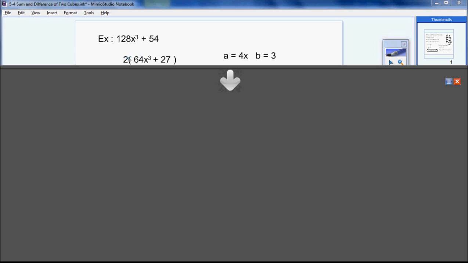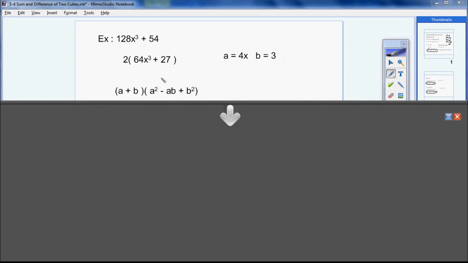Once you bring out your common factor, then you begin to factor this one. And we do notice it's a sum of two perfect cubes. This one's 4 times 4 times 4, 4x. This one's 27, 3 times 3 times 3. So A is 4x, B is 3.